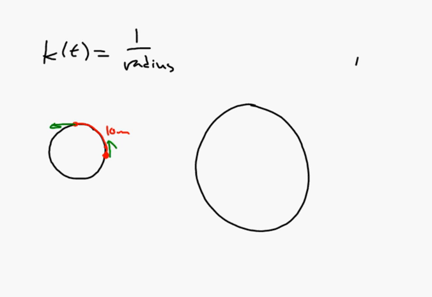Whereas if I started over here, in a similar position on this circle, and traveled 10 meters, because this circle has a bigger circumference, my tangent vector doesn't change as much. Okay? So it makes sense that the curvature here, k, is smaller in a circle with a larger radius.